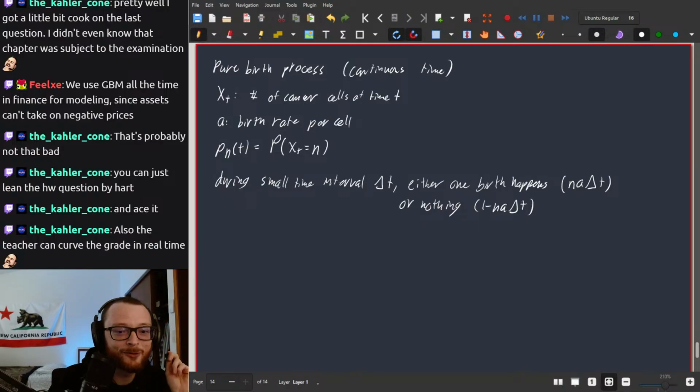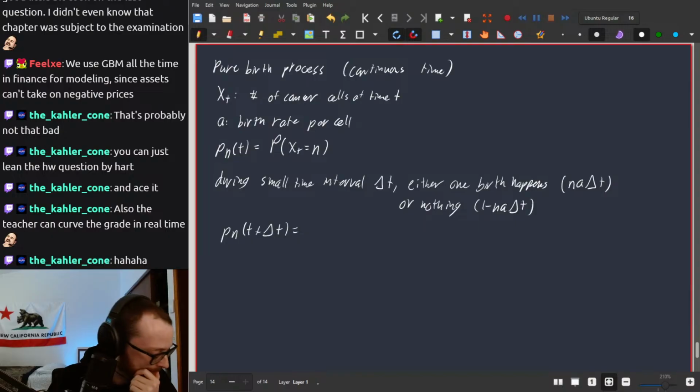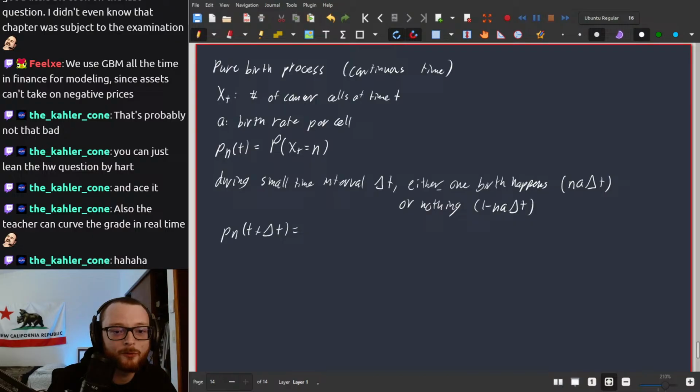Okay, and so we can set up an equation for p sub n of t plus delta t. And so either one birth happens. So if we have n at t plus delta t, and we know that a birth had just happened, it means we just had n minus 1 many cells.